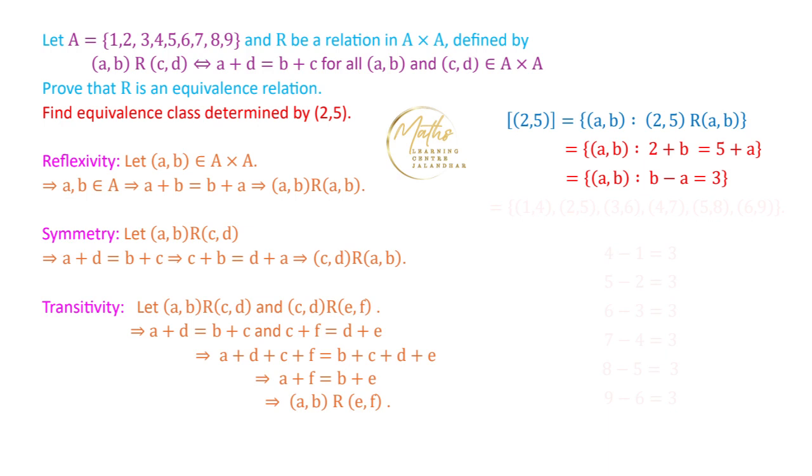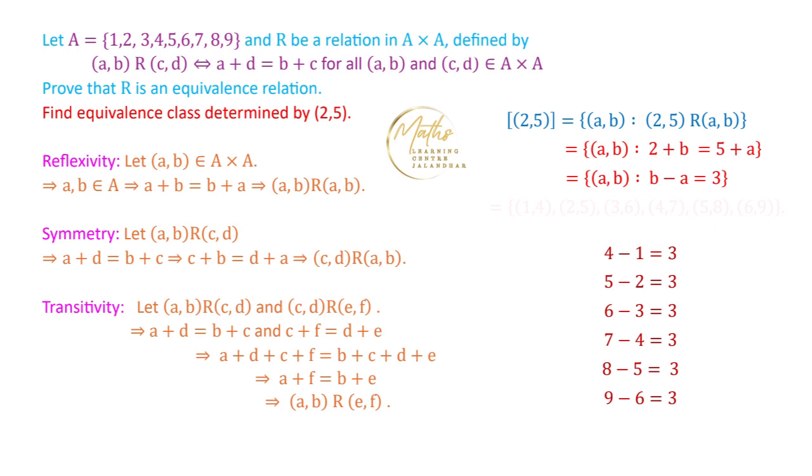Now corresponding to these elements, if we calculate the values, we can find that 4 minus 1 is 3, 5 minus 2 is 3, 6 minus 3 is 3, 7 minus 4 is 3, 8 minus 5 is 3, and 9 minus 6 is 3. So what are the elements (a, b) we have?